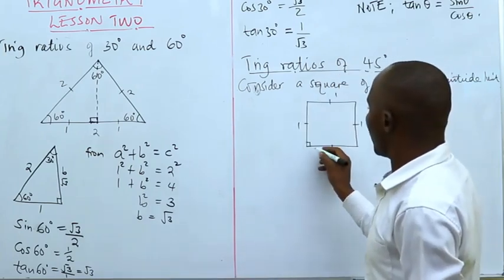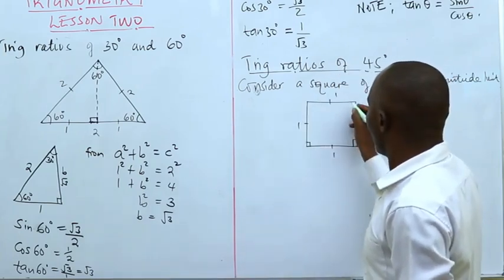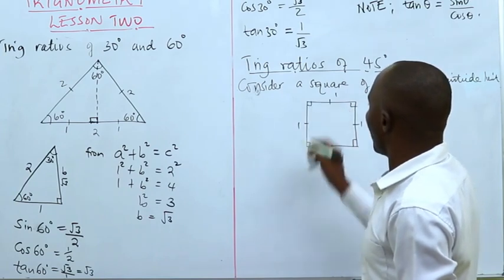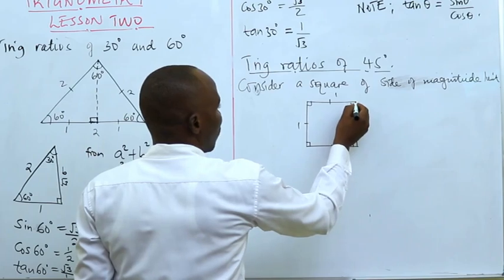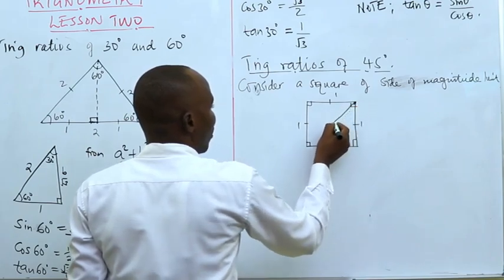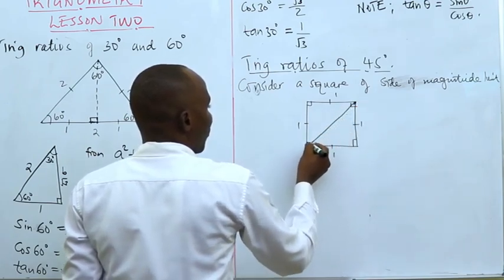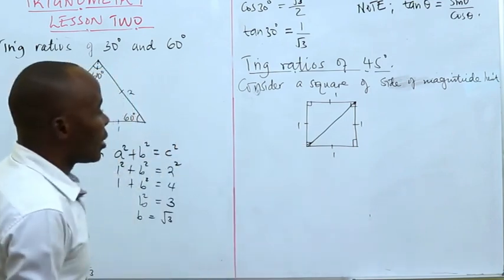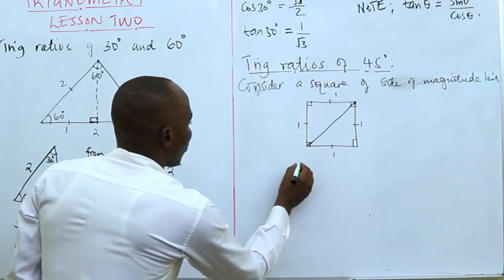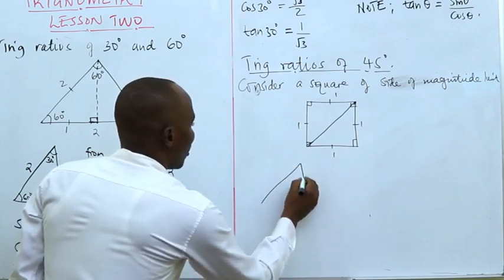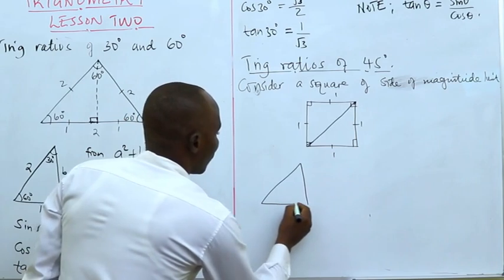So this is 90, this is 90, this is 90, and that is 90. If I draw a diagonal from one corner to another, I'll end up with something like that. And with that case, if I extract a right-angled triangle from there, I have something like this.